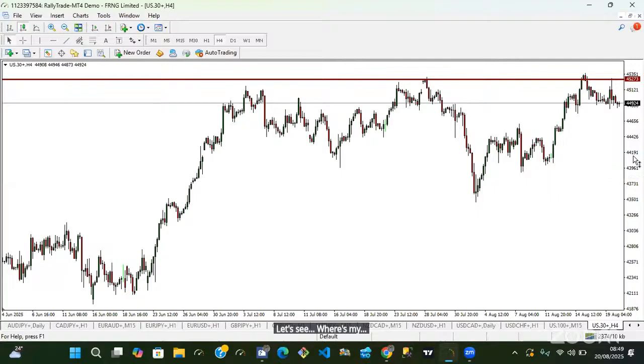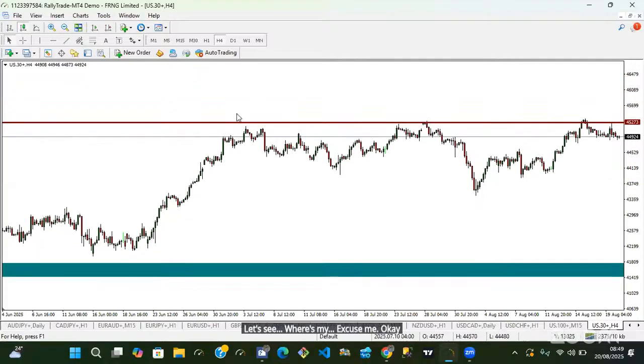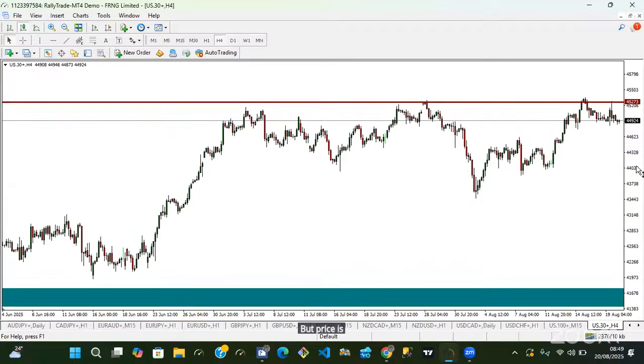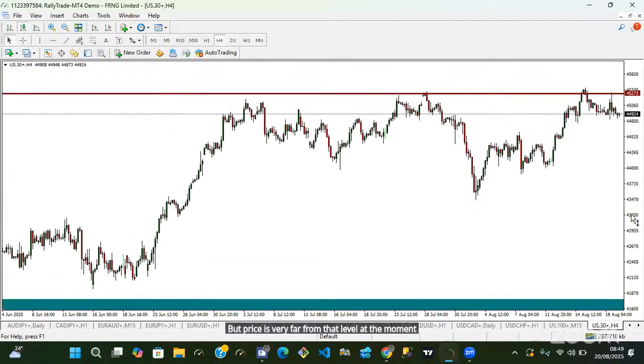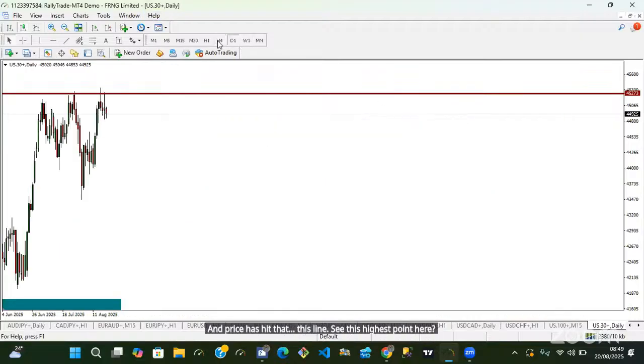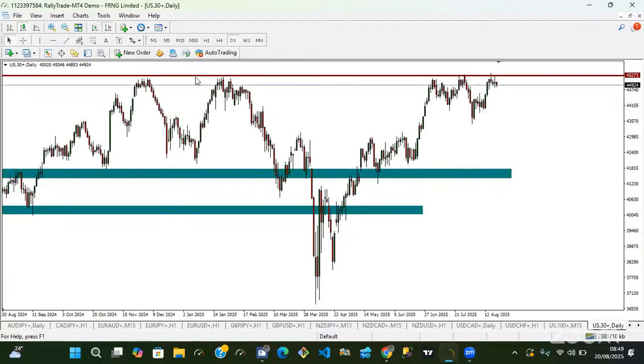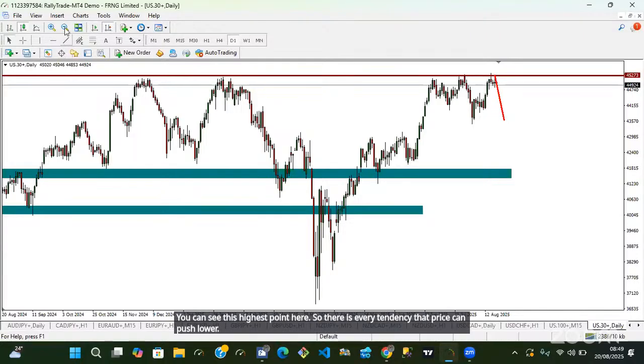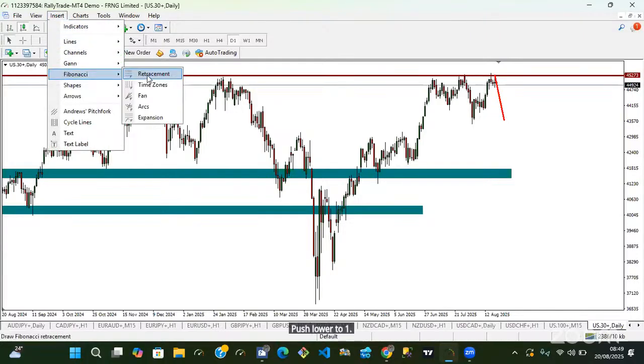You can see this is where I want to be buying from, but price is very far from that level at the moment. And price has hit this line. See this highest point here? So there is every tendency that price can push lower, to this level.